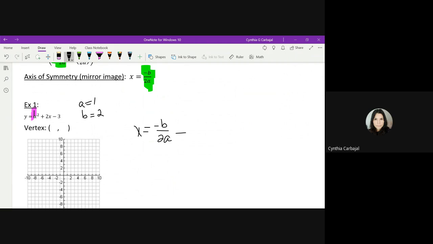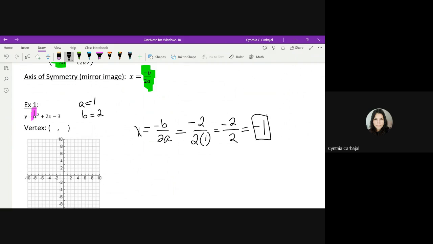So then here, this equation is going to be -2 because b is 2, divided by 2 times a, and a, we substitute in the value, and a is 1. So pretty much this is -2 divided by 2, because 2 times 1 is 2. So -2 divided by 2 is -1.